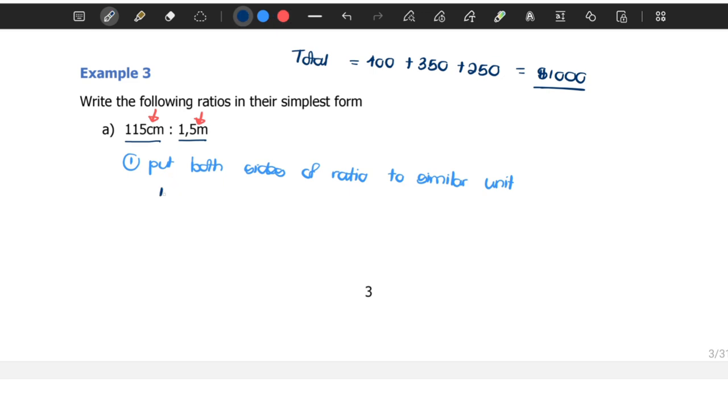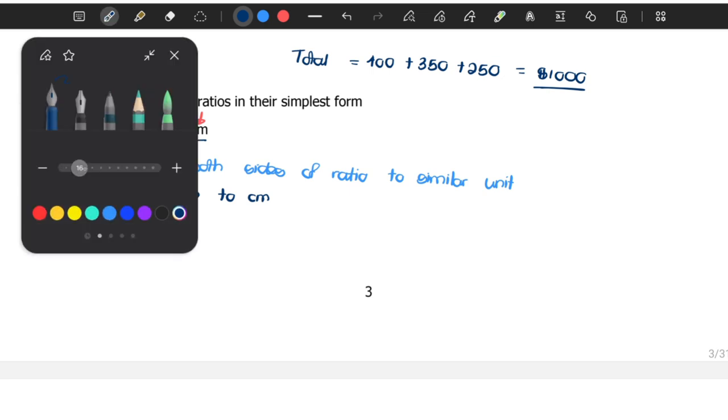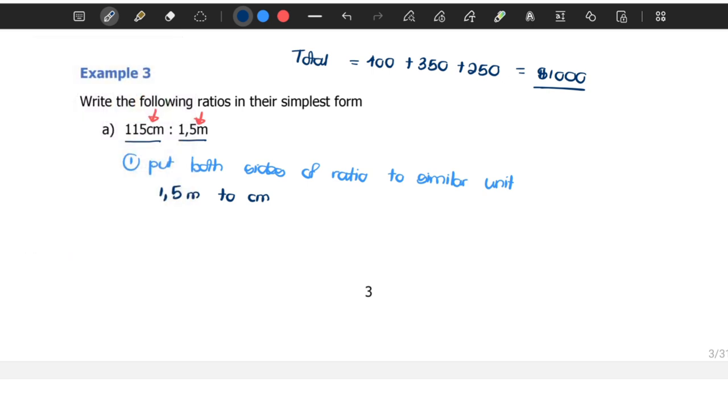So firstly, we have 1.5 meters to centimeters. So 1 meter is equal to 100 centimeters. I prefer to use proportion in terms of unit conversion, so 1.5 meters means more.